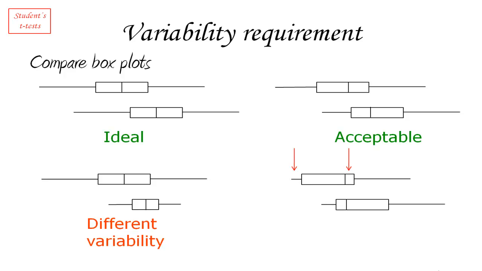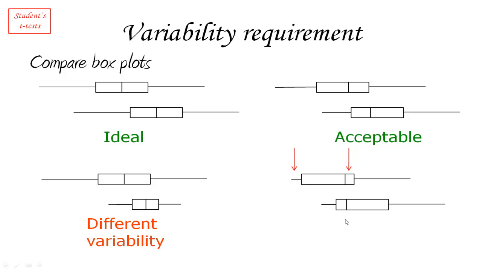Another situation that can happen is this one. Okay, now first of all, notice that the variability in the two groups is actually different, not so much in the spread, but in how the quartiles are distributed, right? Notice that in the top one, the third quartile is very compact, very shrunk together, while in the second one it's the second quartile which is shrunk together.